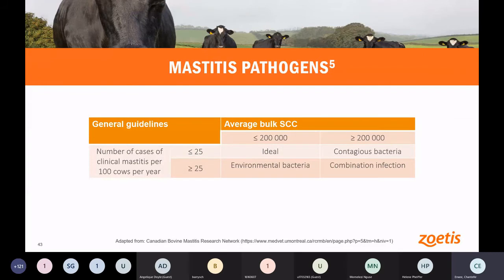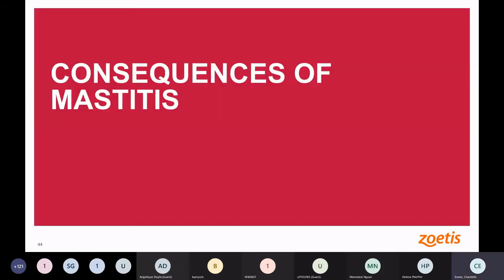And if you have a lot of clinical cases, as well as a high somatic cell count, you might be dealing with a combination infection. And remember, this all also depends on when these samples are taken. If it's taken during the initial peak with a gram-negative bacteria, you know, it might confuse the whole situation a bit.